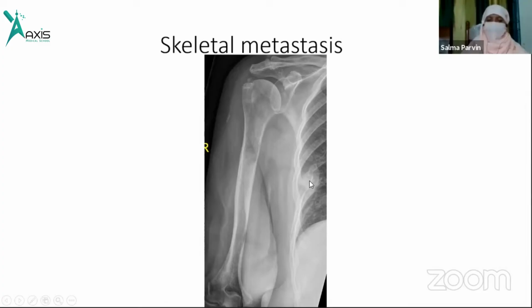So the skeletal metastasis is to be gone through in a way that whether there is a hematogenous metastasis present along the thoracic cage, or in the bones around the thoracic cage, like the spine, the scapula, the humerus, the clavicle, or the neck and mandible.